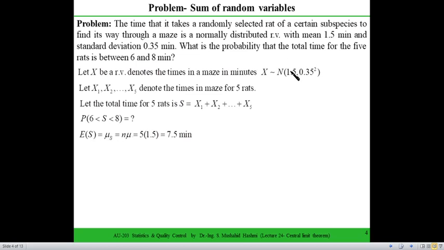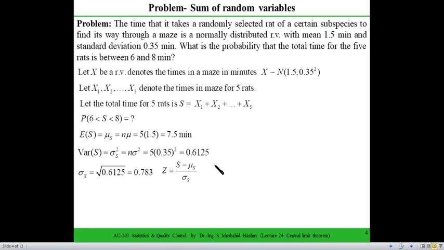Mu we already know is 1.5, and 5 times 1.5 would be 7.5 minutes, the mean for 5 rats. Similarly, for the variance of that sum of random variables S, the subscript small s represents the sum of the random variables. That would be n times sigma square, and sigma square is 0.35 whole square, so it would be 0.6125. Once we know the variance, we can find the standard deviation.